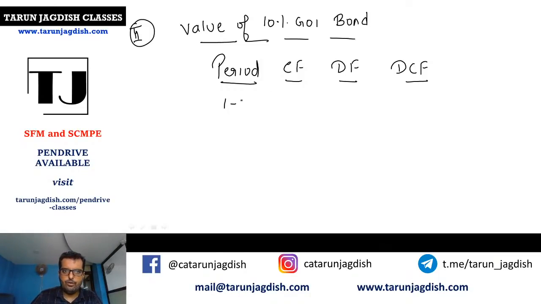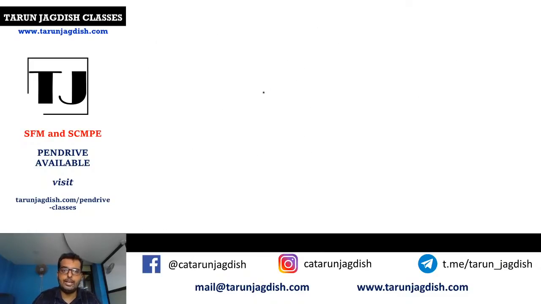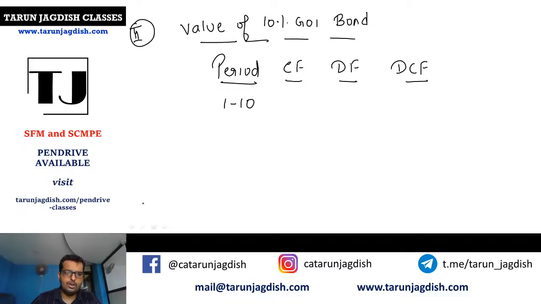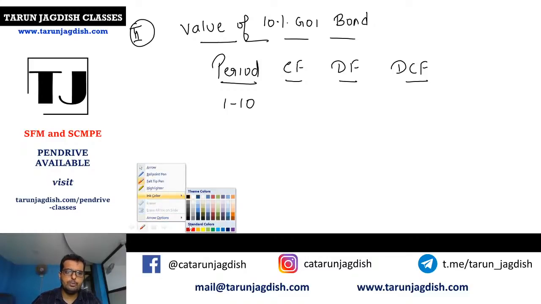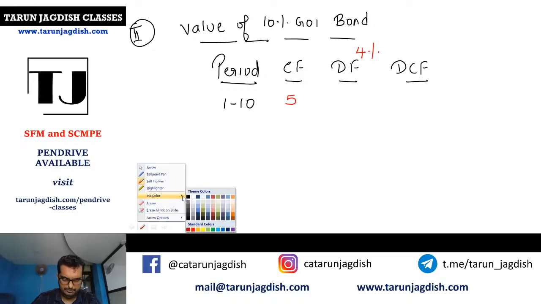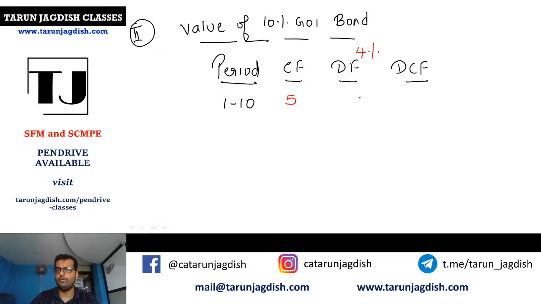Period will be 1 to 10, because there are 5 years, so there will be 10 half years. Coupon payment will not be 10, it will turn out to be 5. Discount rate will not be 8%, it will be 4%, because the yield is 8% for 1 year, and at the end of period 10 I will get 100. The area that I have put in red is the important area. Mark that area as important.